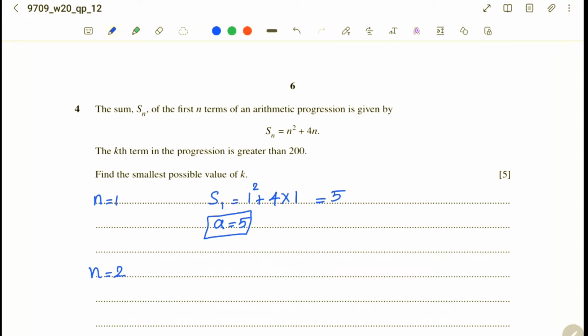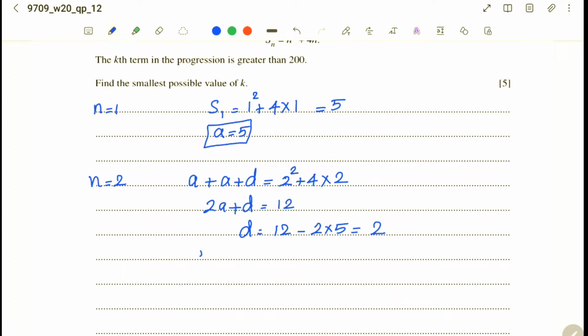When n is equal to 2, that is sum of the first two terms, we know the first term is a and the next term is a plus d. So n is equal to 2, so 2 square plus 4 multiplied by 2. So 2a plus d is equal to 4 plus 8, which is 12. So d is equal to 12 minus 2 multiplied by 5, which is 2. Okay, now we got a is equal to 5 and d is equal to 2.